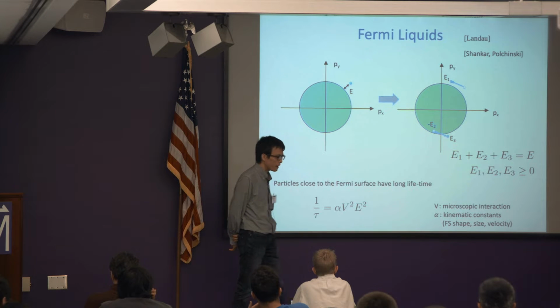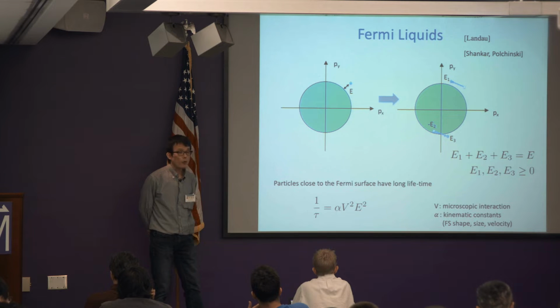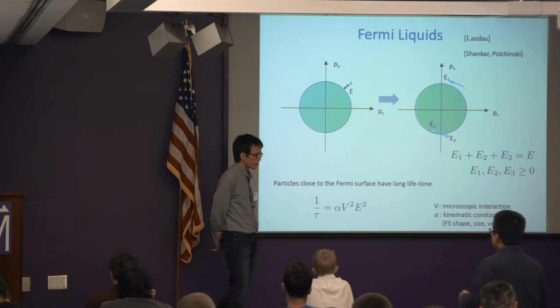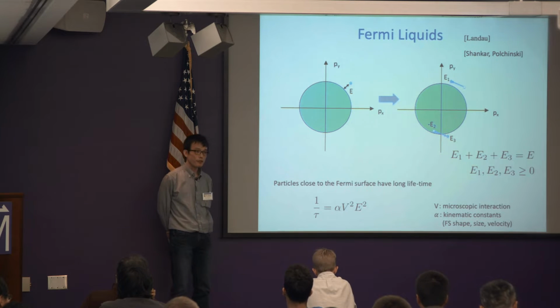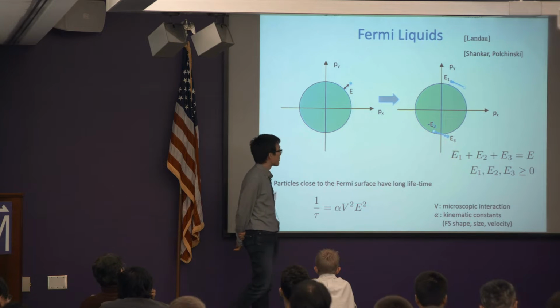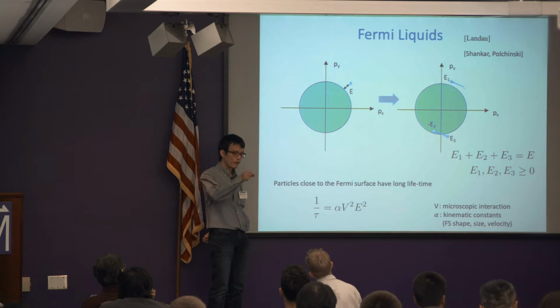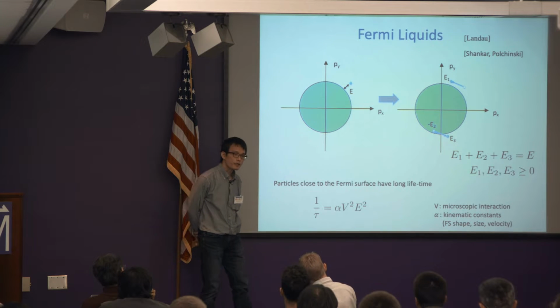It turns out that even when there's a strong interaction, as far as the interaction is short-ranged, the Fermi surface remains well-defined.